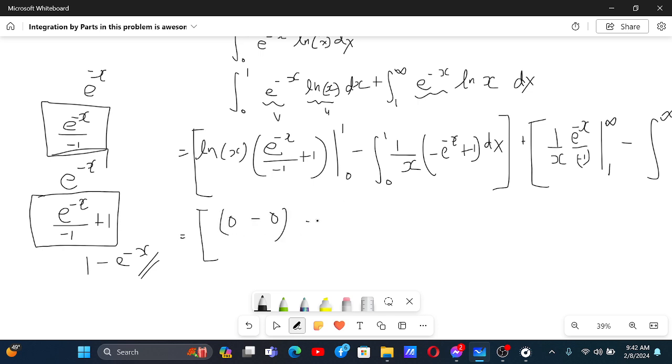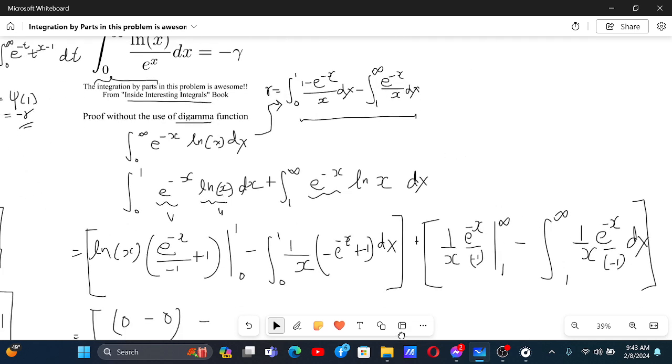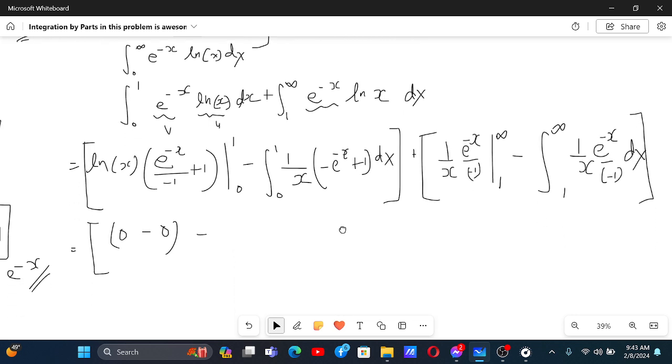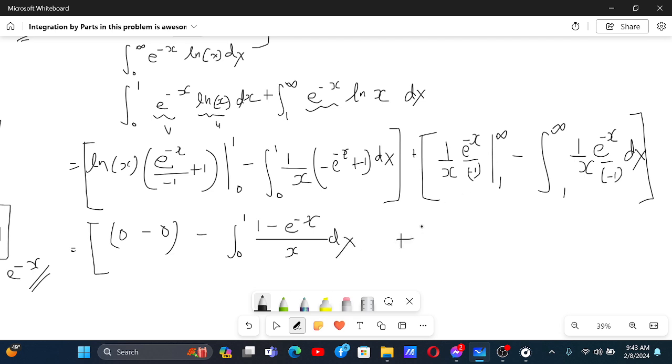Fine. Minus, now what about this integral? Okay, wait a second. So this integral we get positive, this integral we get negative. Now this integral is the integral from 0 to 1 of 1 minus e to the power minus x by x dx, plus now in this integral, at infinity we will have e to the power minus infinity by infinity.